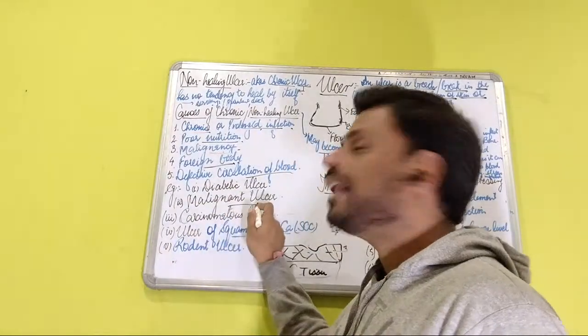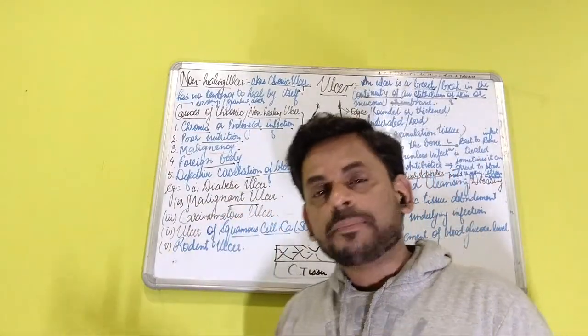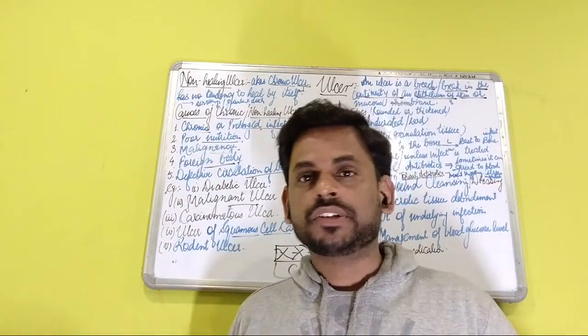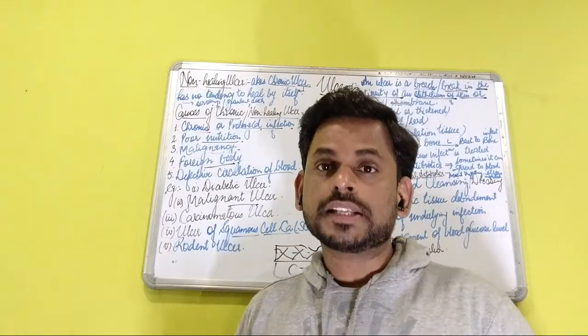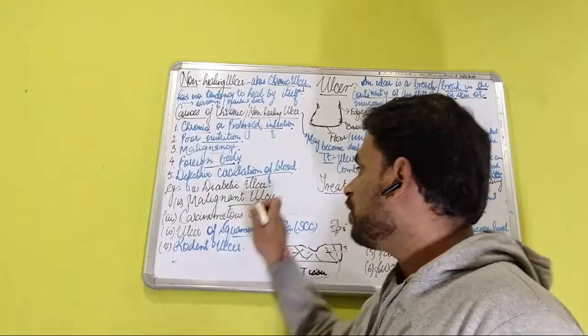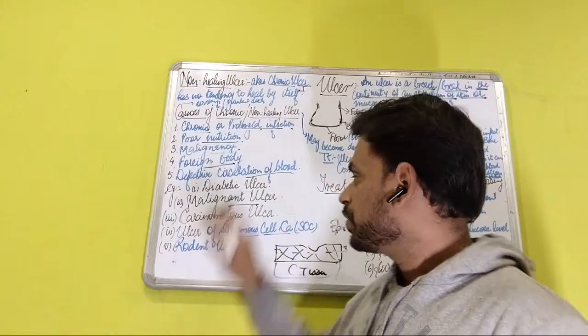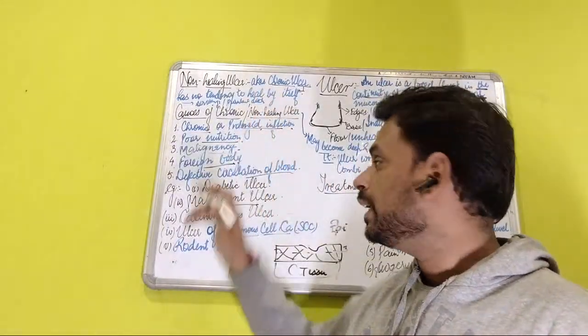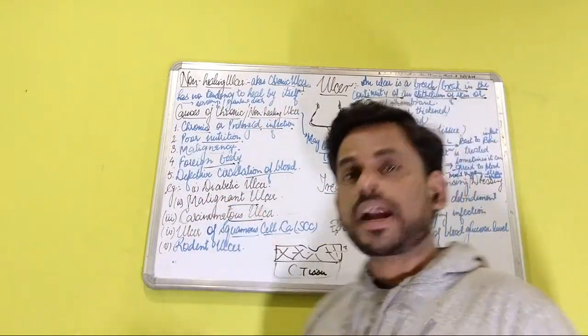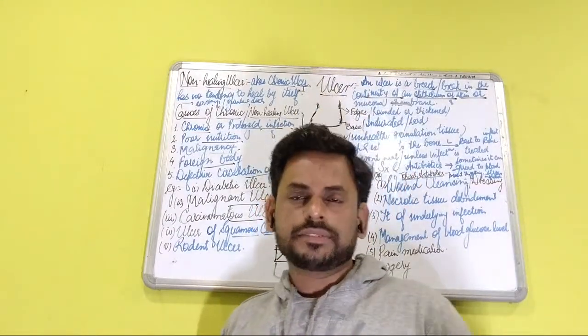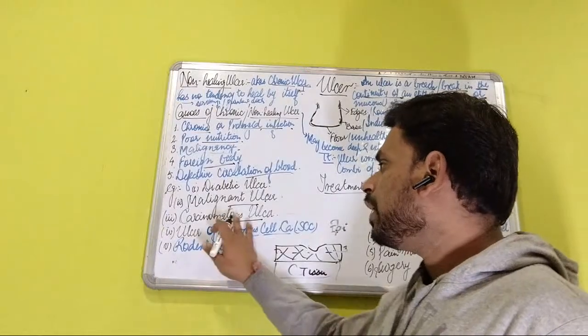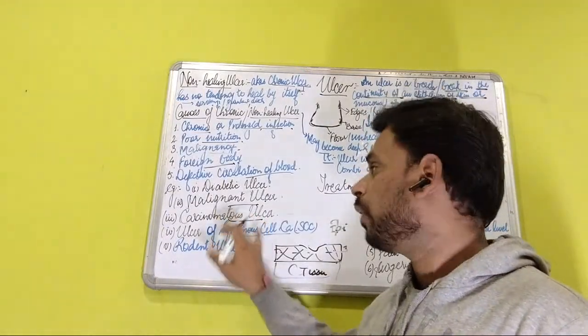Now the next is a malignant ulcer, which has malignant potential and can metastasize to different parts of the body. That is, in general terms, the metastasis condition. So if a malignant ulcer is there, this can also be a non-healing ulcer. Next is the carcinomatous ulcer. There are certain ulcers which have a localized form, so that can be a carcinomatous ulcer, which can also be non-healing.